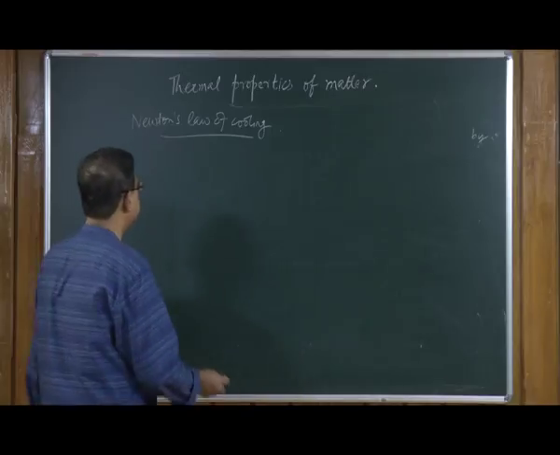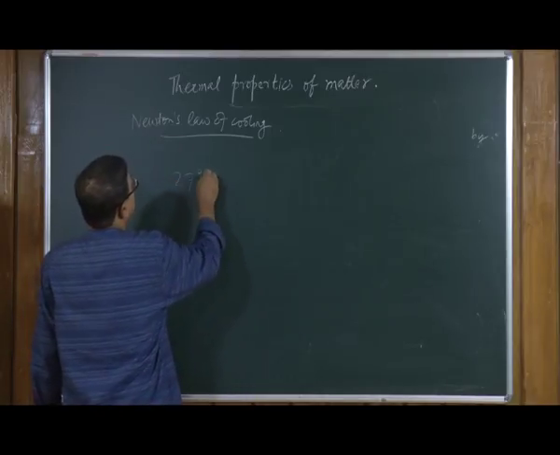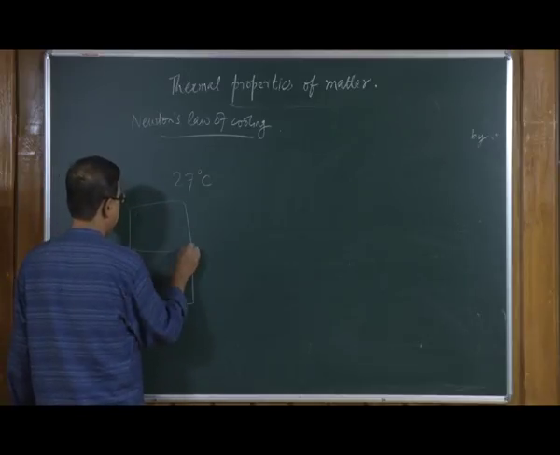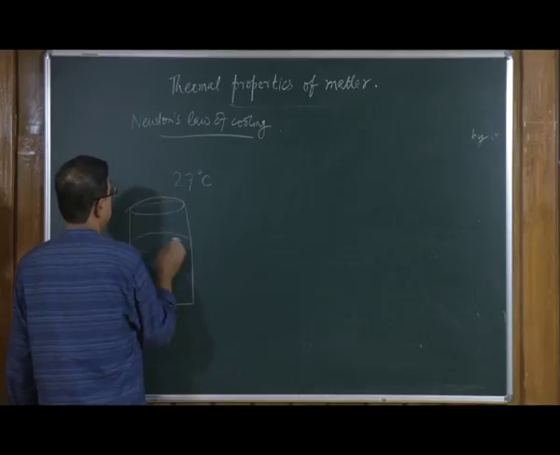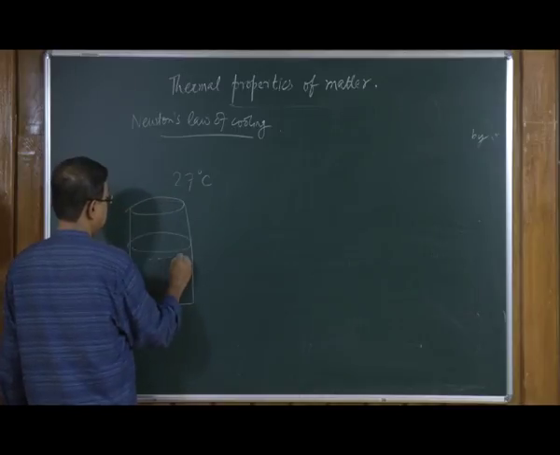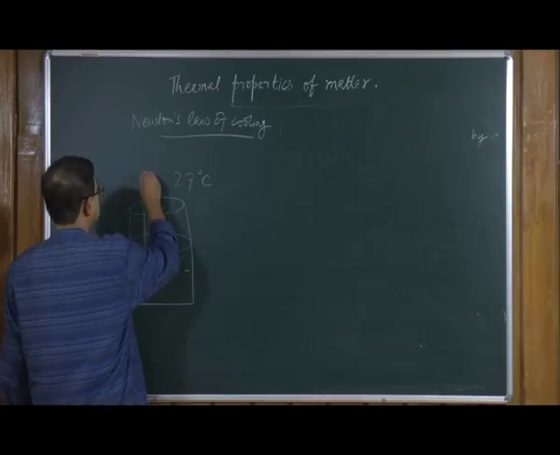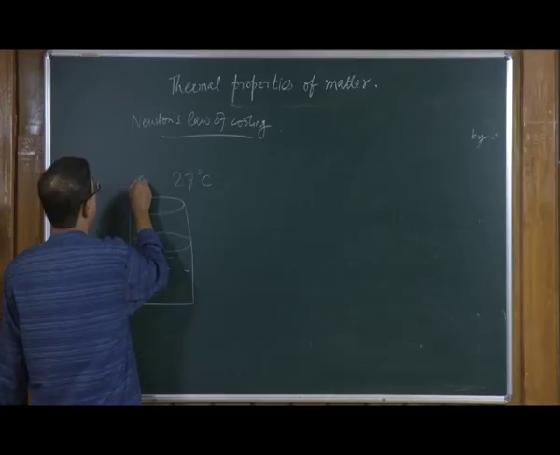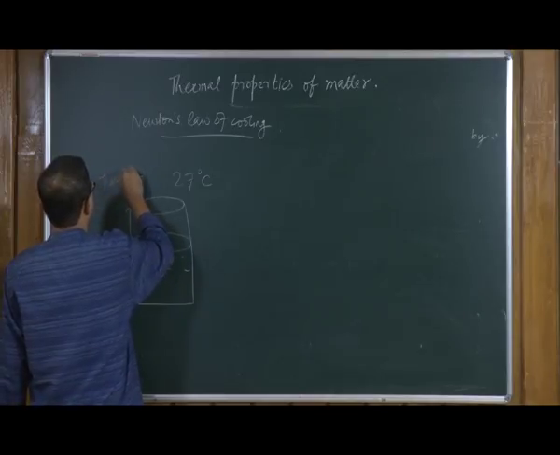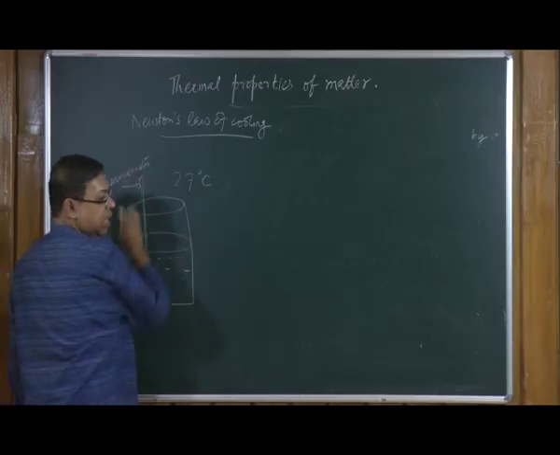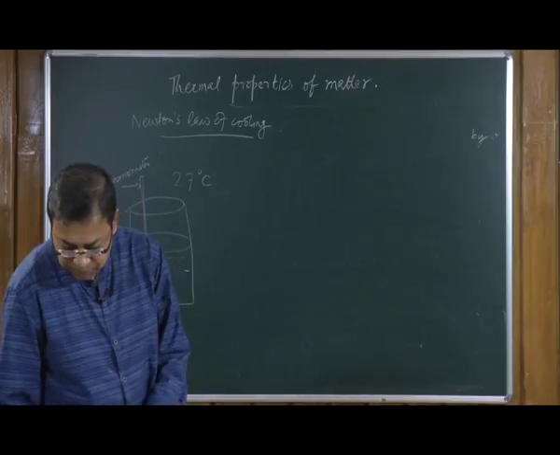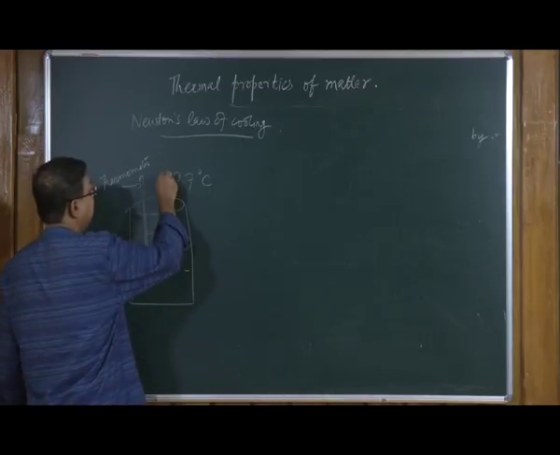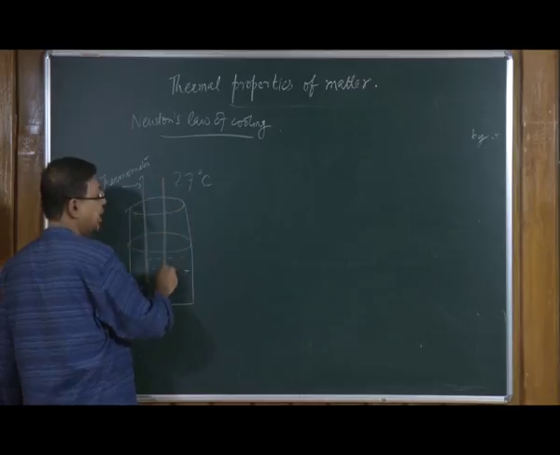Say the room temperature is 27 degrees centigrade, and this container is taken, in which this is the liquid that is there. There is a thermometer which is kept. So, this is a thermometer, and there is also, say, a place for a stirrer to stir it gently.